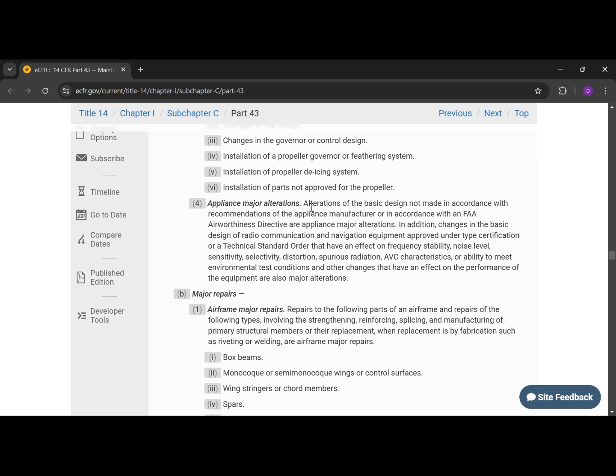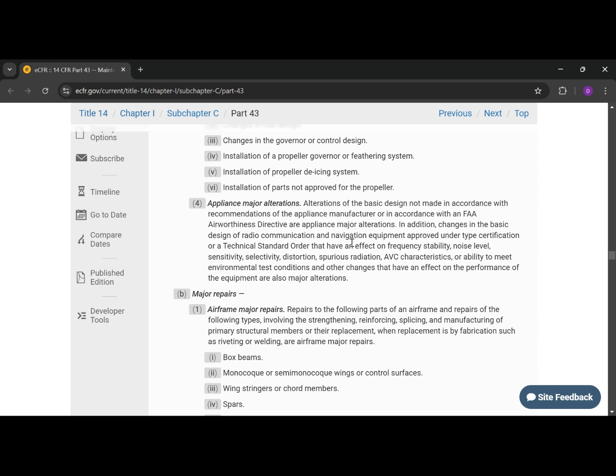Appliance major alterations. Alterations of the basic design not made in accordance with recommendations of the appliance manufacturer or in accordance with an FAA airworthiness directive are appliance major alterations.